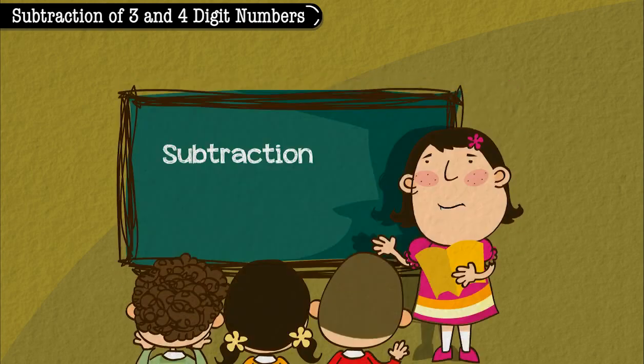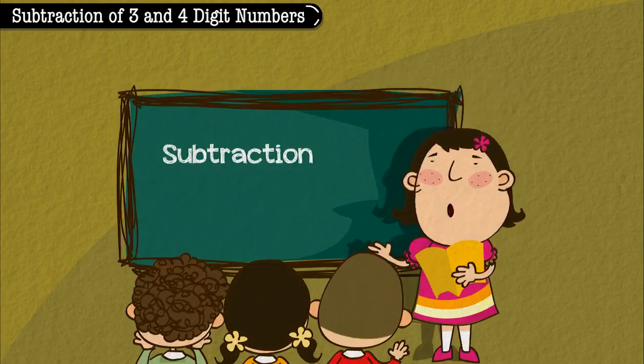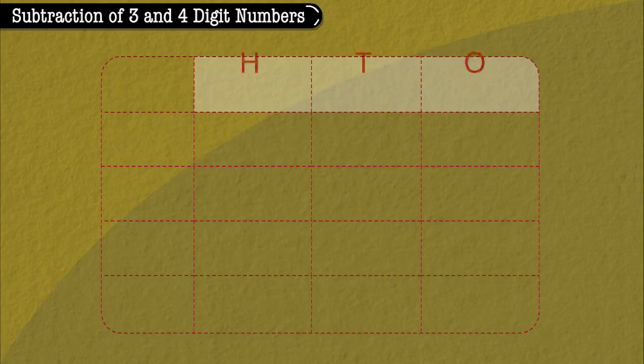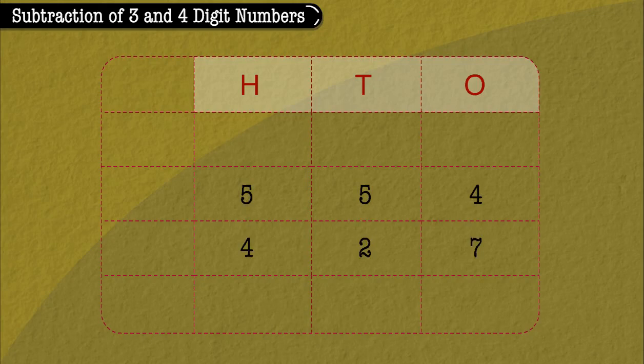Let's do a subtraction of another two 3-digit numbers, 554 and 427. On subtracting them, we get 127. This is subtracting with regrouping. Here, in the ones place, a greater number, 7, is subtracted from a smaller number, 4.